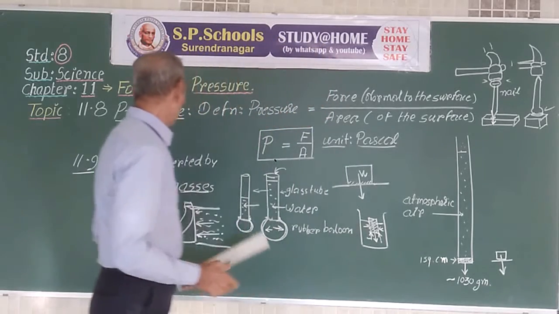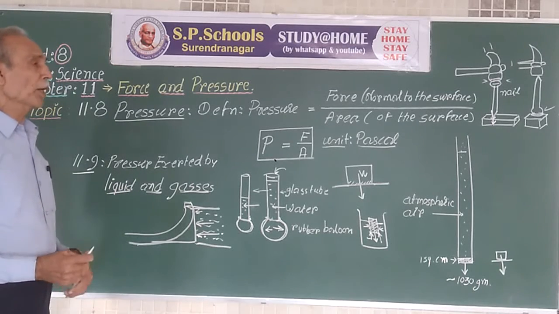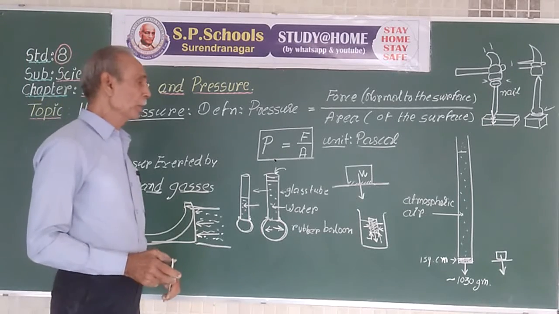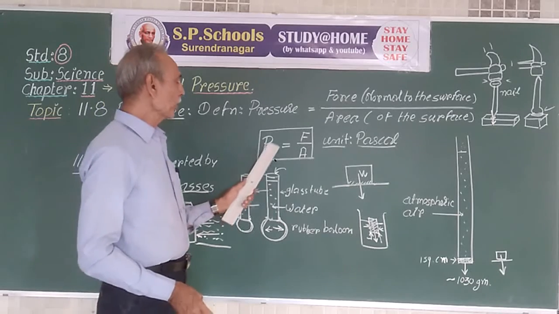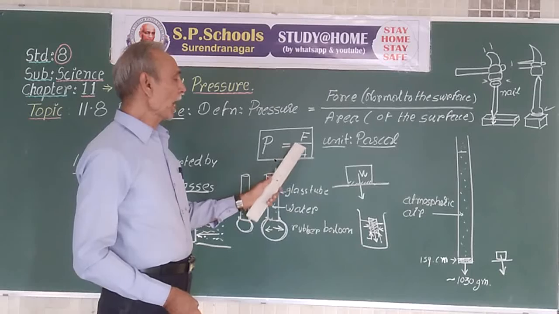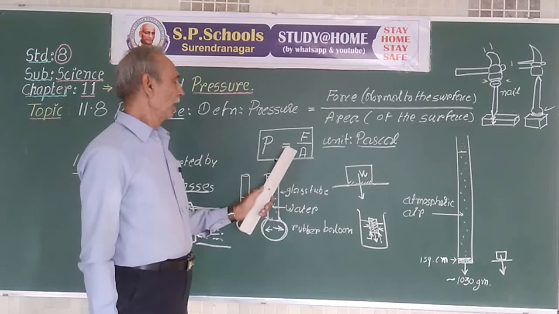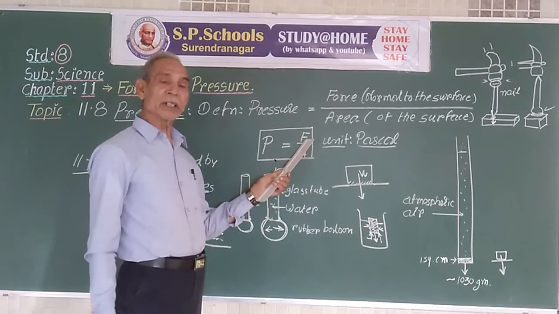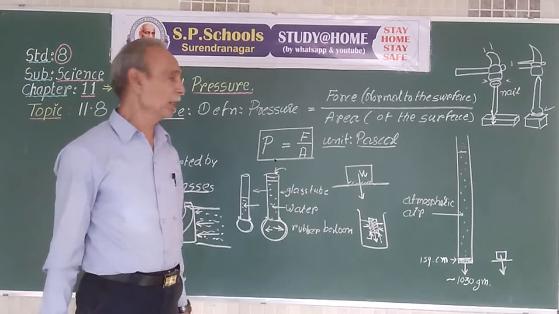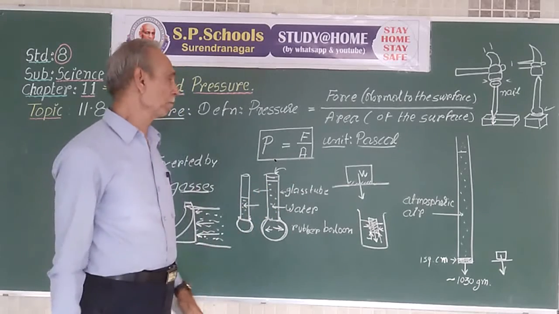Thus, pressure is an important physical quantity. It depends on force and area, force acting normally on the surface. So, as the force is greater, the pressure is greater. As the area is greater, the pressure is less.